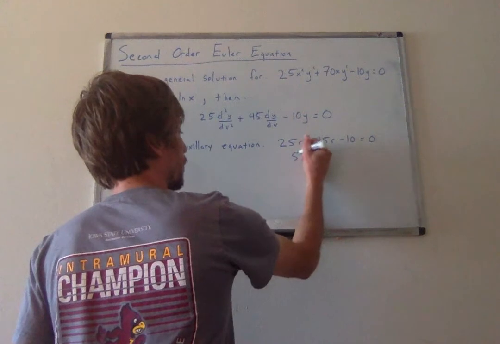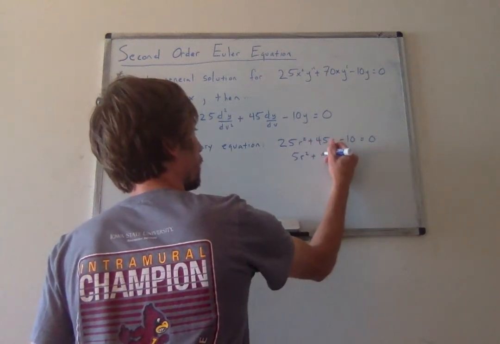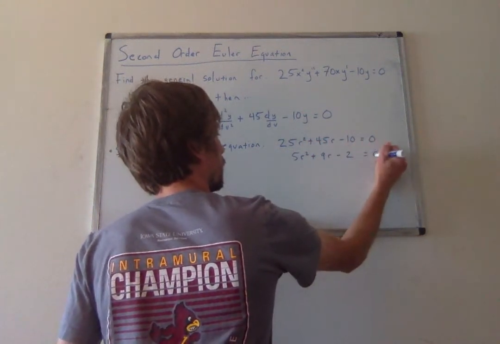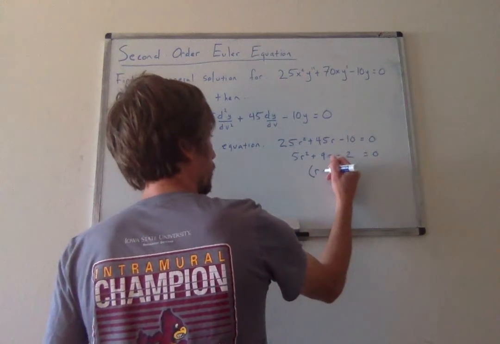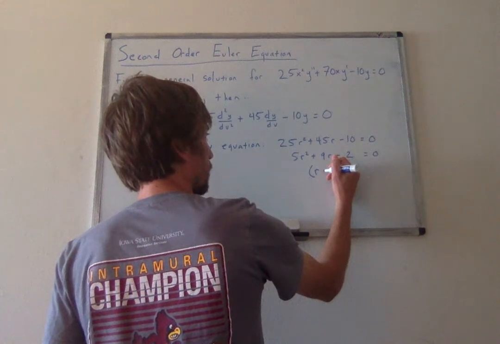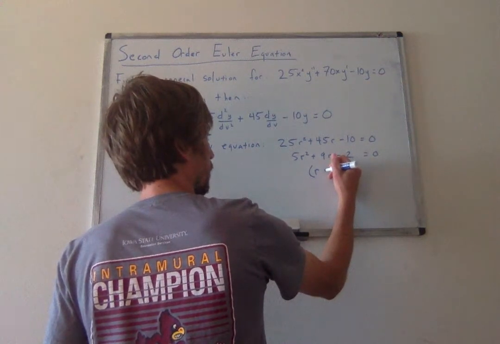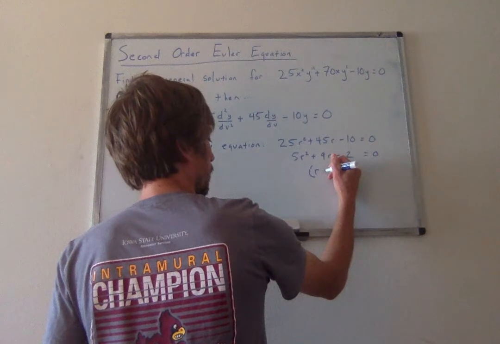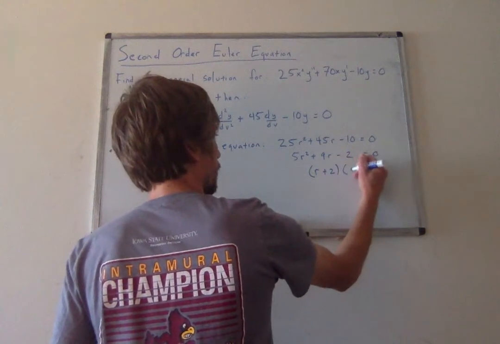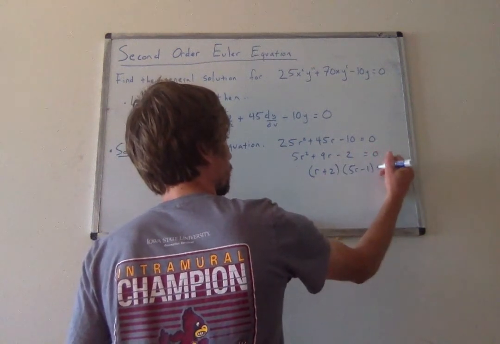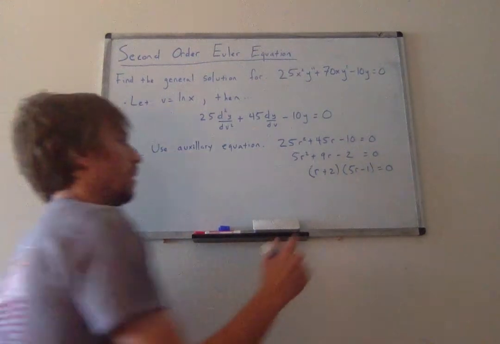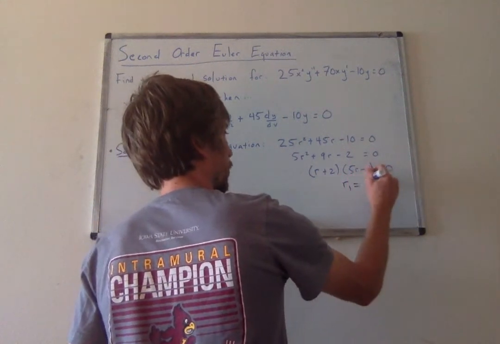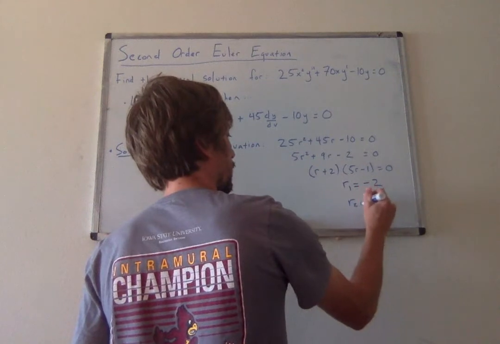Equivalent to just divide through by 5 here. And then when you factor this, you should get r plus 2 times 5r minus 1 equals 0. And so that means we've got two roots. R1 is equal to -2. R2 is equal to 1/5.